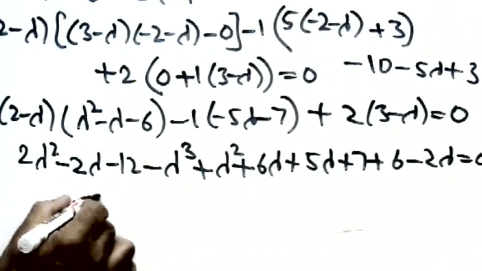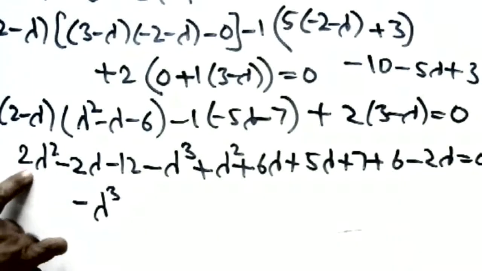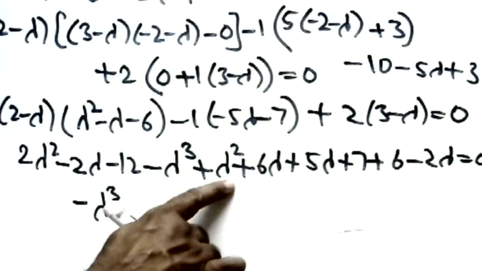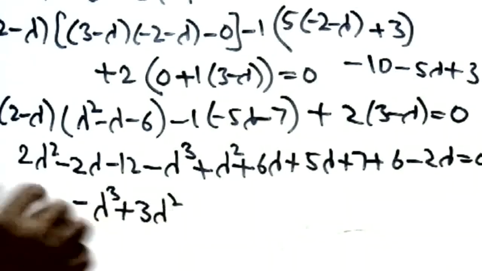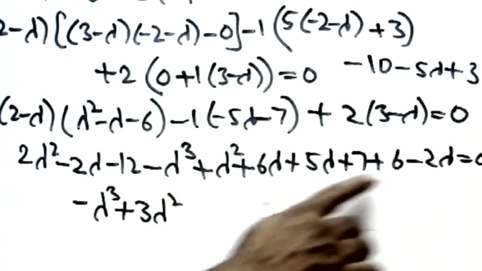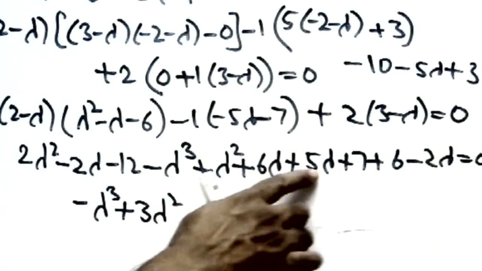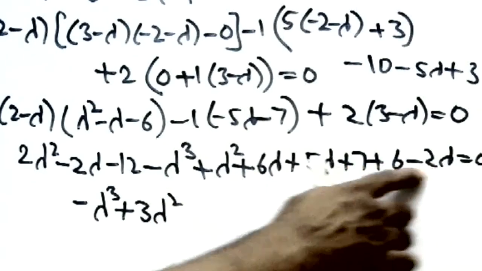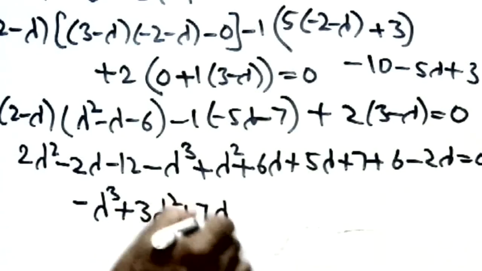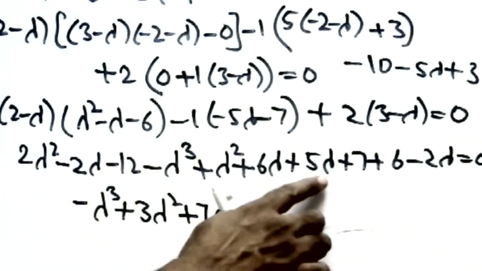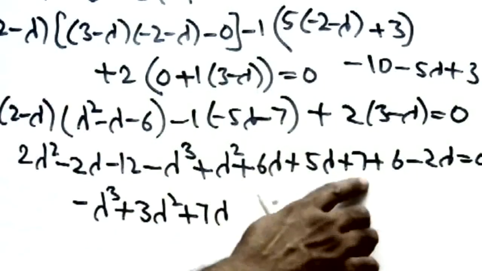Now first write the lambda cube, minus lambda cube. Now we are having two terms of lambda square. 2 lambda square plus lambda square will be 3 lambda square. Now you see lambdas, how many are there? 5 plus 6 is 11, 11 minus 2 is 9, 9 minus 2 is 7, so minus 7 lambda.